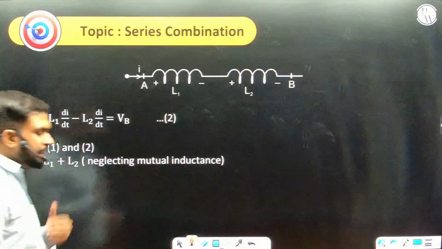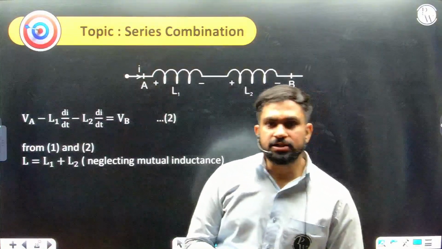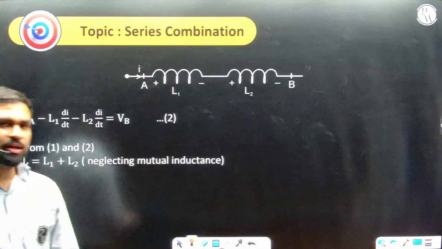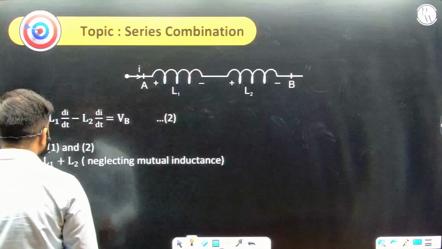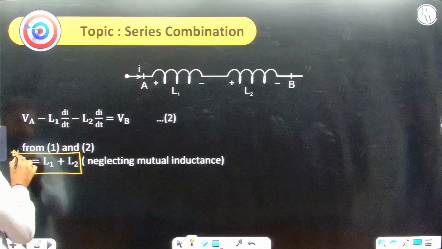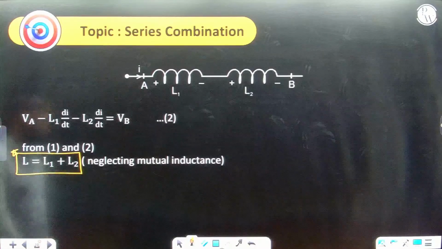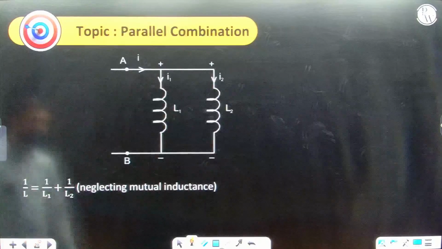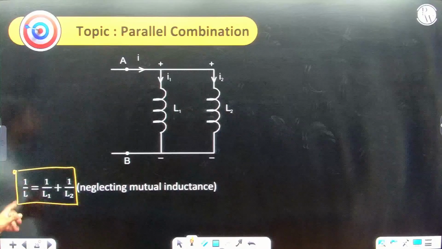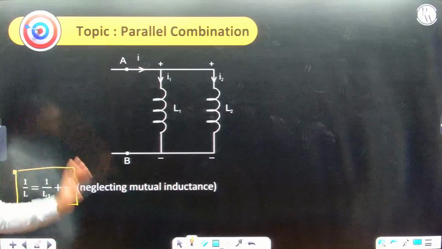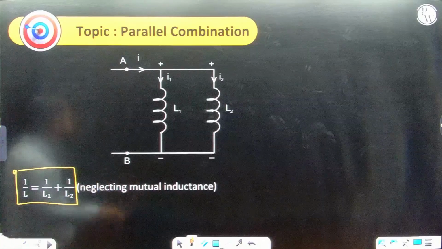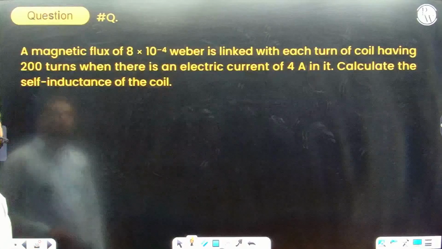Now if inductors are connected in series, just like in a resistor series combination resistance is added, in the same way for inductors, inductance gets added in the series combination. For the parallel combination, we use inductance just like resistance: 1/L equivalent is 1/L1 plus 1/L2. Straightforward. Again, parallel means the potential remains the same.